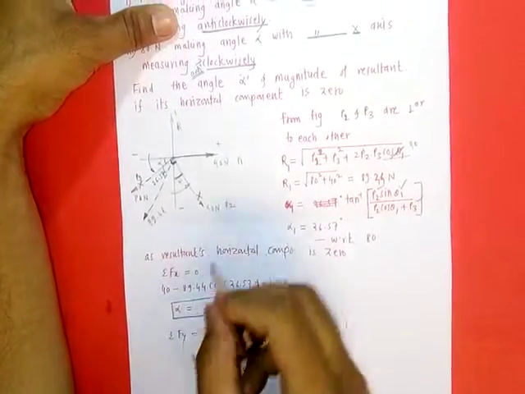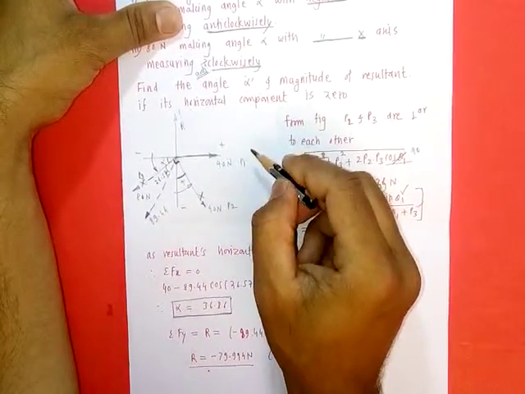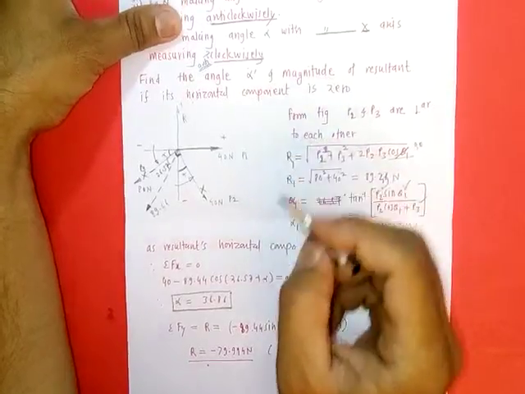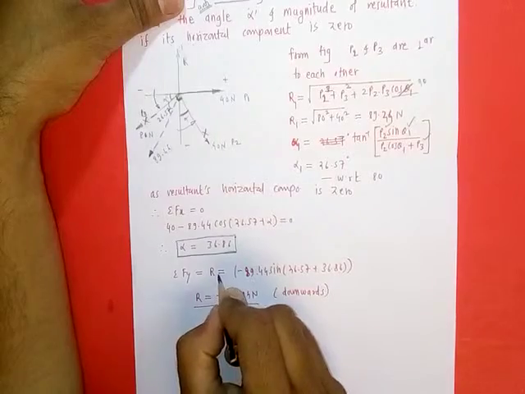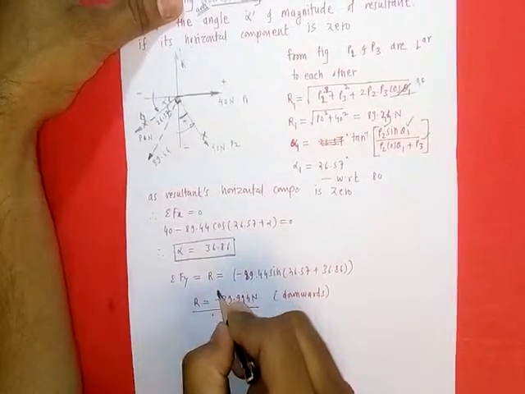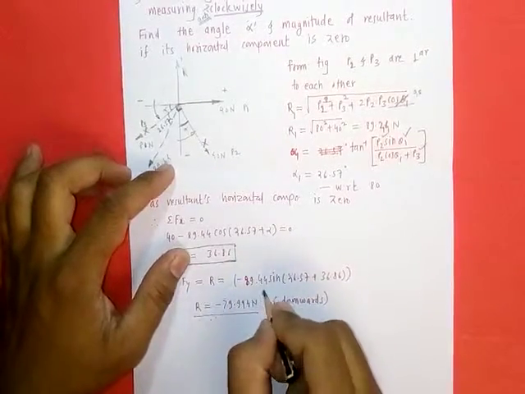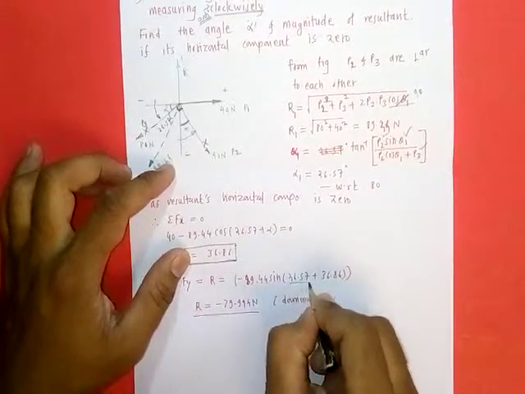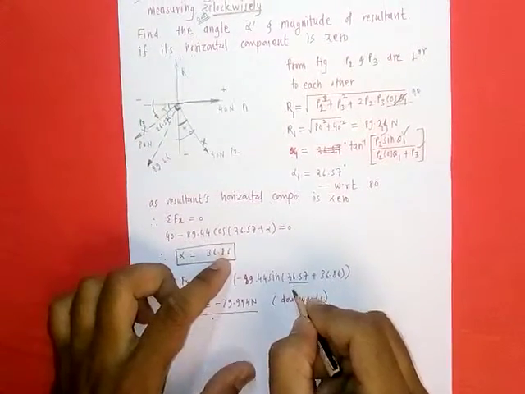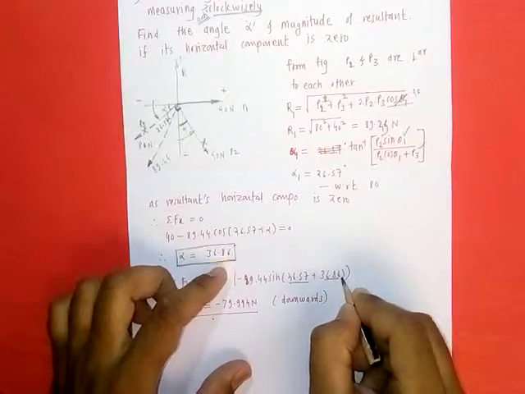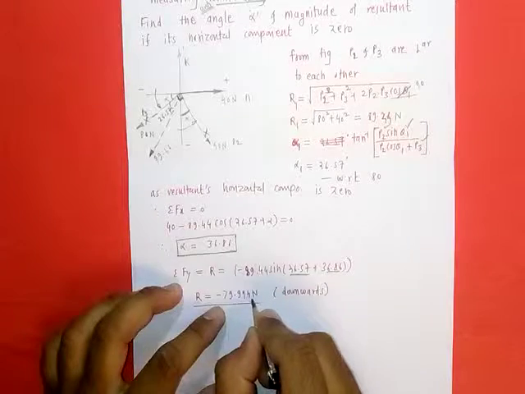Now as resultant having horizontal component 0, so vertical component is equal to its value. So summation of Fy is equal to resultant force, and here y component is 89.44 sine of 26.57 plus alpha, and this angle we have just calculated, 36.86, so mention here, and R is coming minus 79.994 Newton.